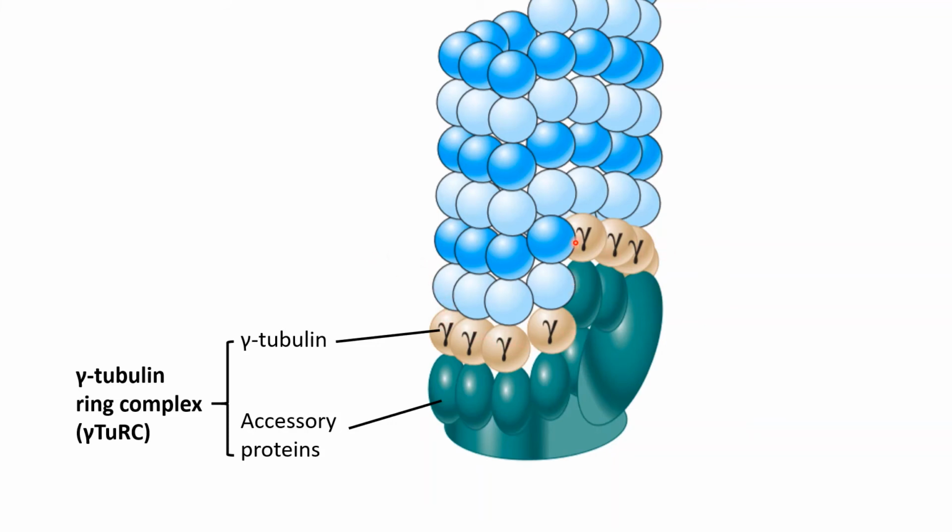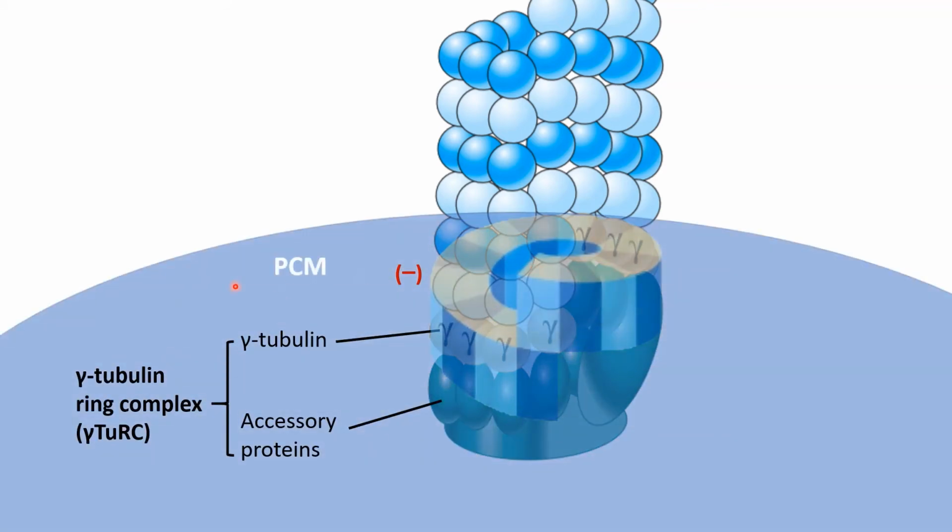And notice the shape here already is sort of asymmetrical and it's not balanced. So that is maintained all throughout the length of the microtubule. Notice the shape, it's like a coil, it's not balanced. So this portion is hidden in the pericentriolar material.